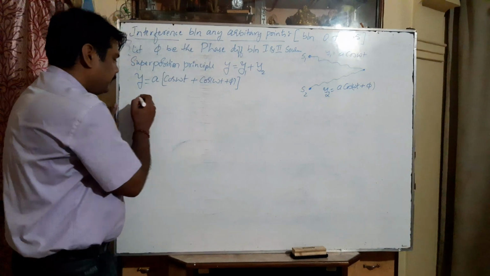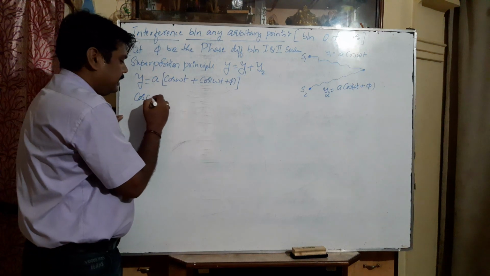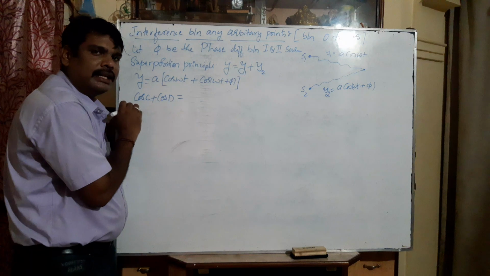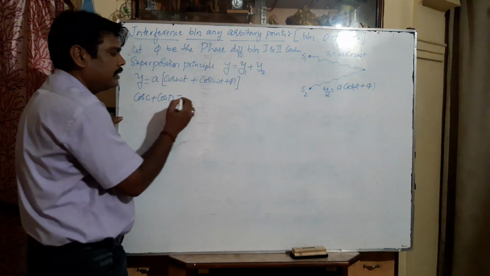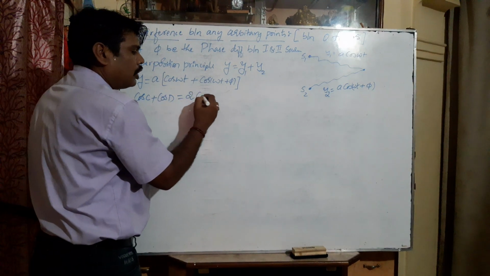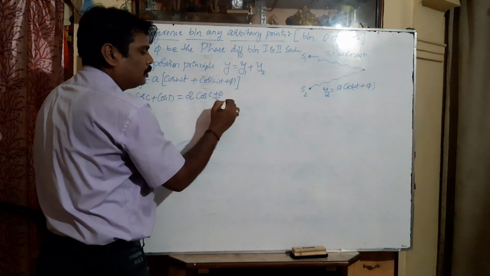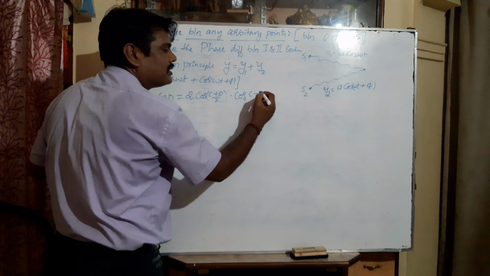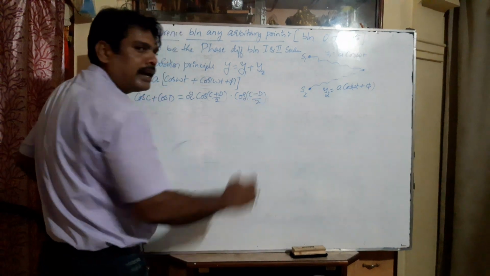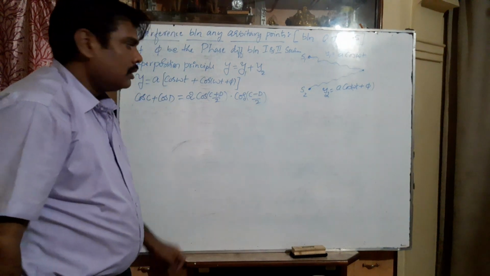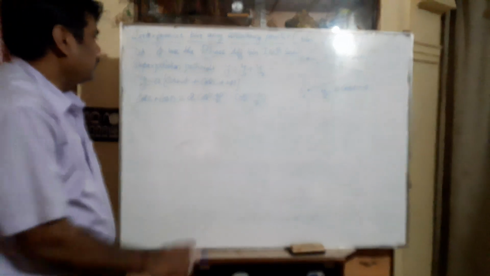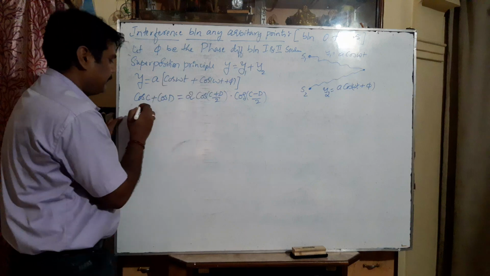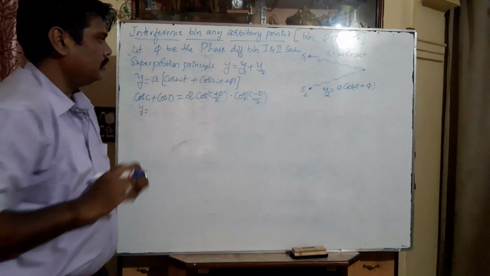So you know the formula for cos C plus cos D. Cos C plus cos D is 2 into cos of (C plus D) by 2 into, again cos only, of (C minus D) by 2. This is the standard trigonometric formula which helps to simplify this type of expression. So you will get y is equal to, one second.